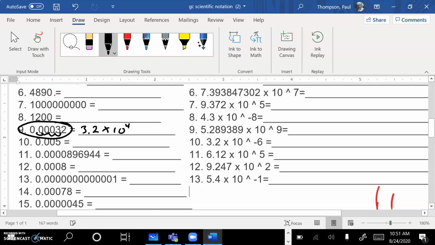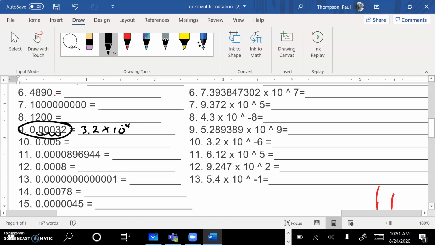Now this number is less than 1. So since the original number is less than 1, this exponent will be negative 4. 3.2 times 10 to the negative 4. See that?